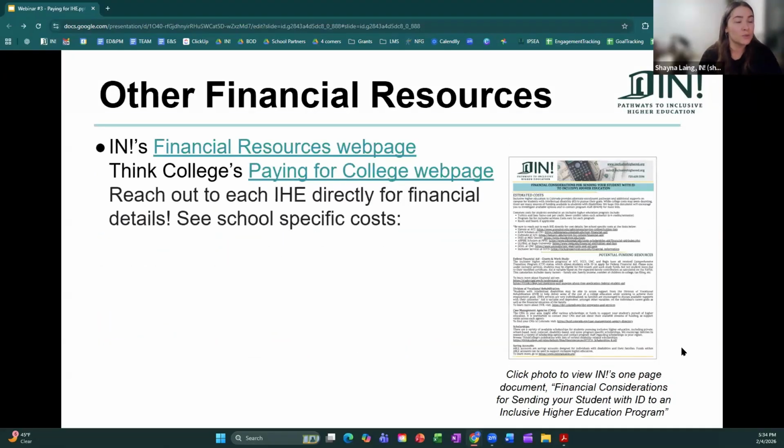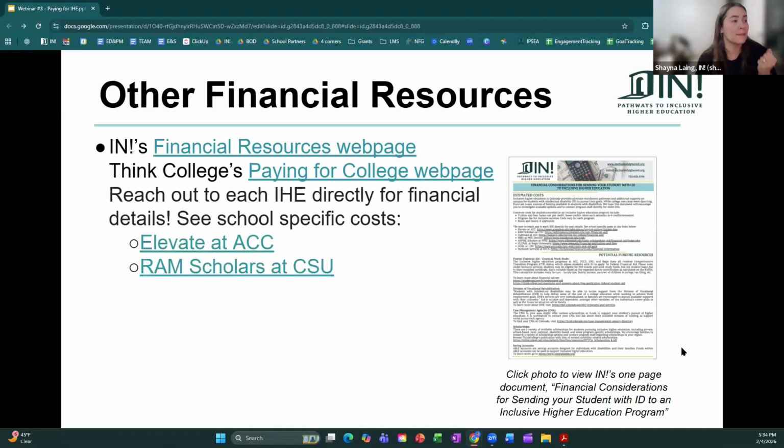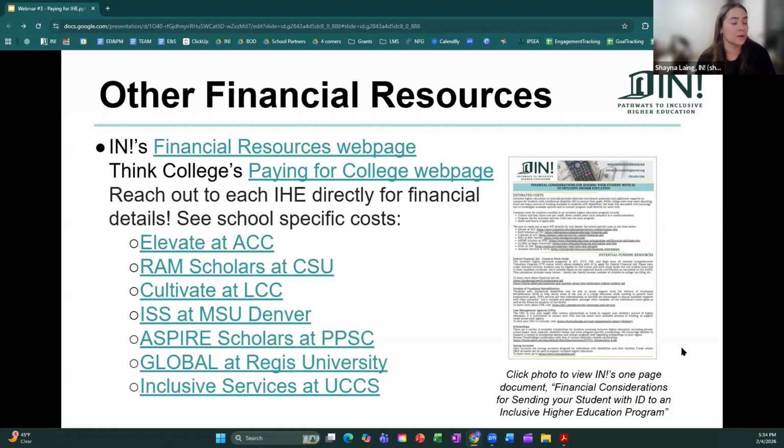We have a financial resource webpage on our inclusive higher education page. There's also a Think College webpage that has a wealth of information, some pun intended. And then all of these are links directly to our program so that you can see how they break down their cost. We also have one of the resources that we'll send you in a follow-up email, a breakdown. It's kind of like a grid of here are all of our programs in the state of Colorado.